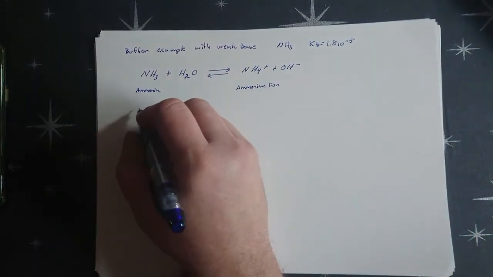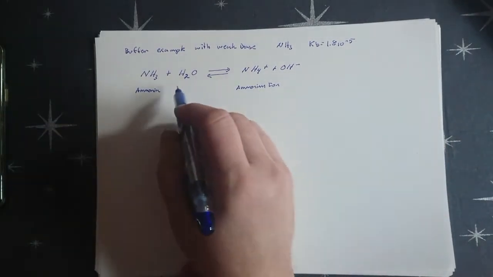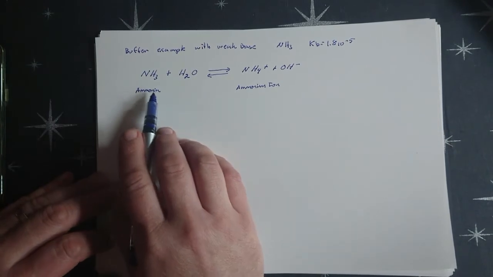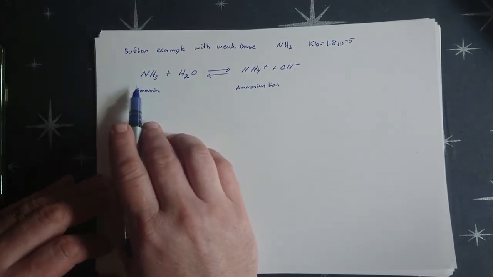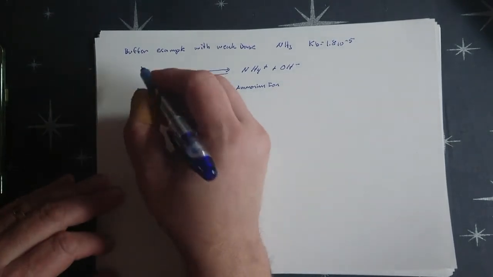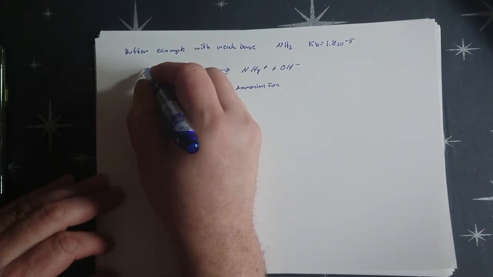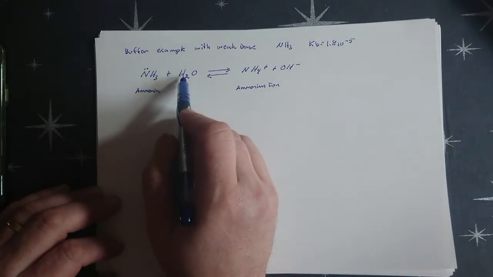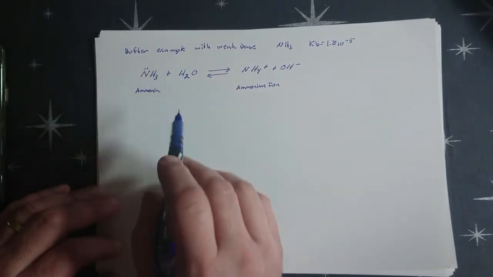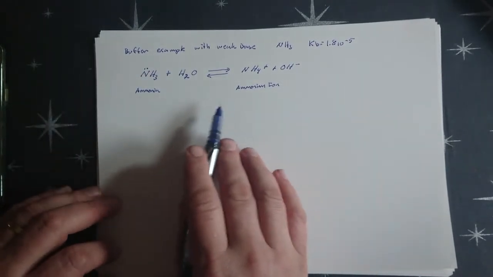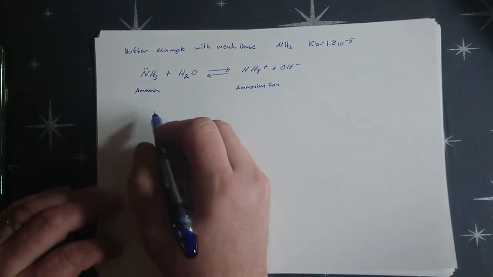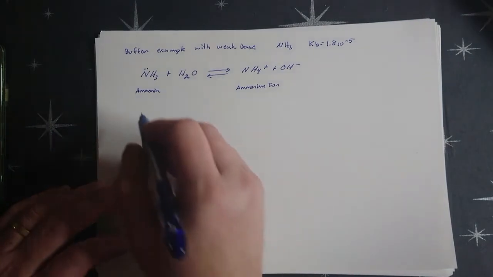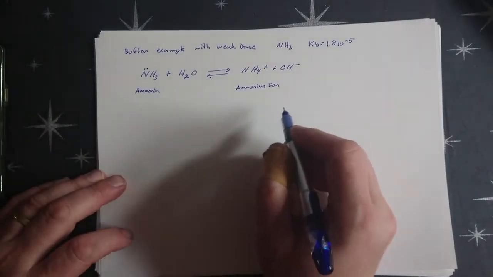Now, the general formula that we use when we look at this, we don't always write all these out. There are lots and lots of weak bases that all have this nitrogen in them, because nitrogen has, if you recall, a lone pair of electrons, and that lone pair of electrons can grab one of the hydrogens from water, and so there are lots of amines that have basic properties. Among them amino acids, so the amine in an amino acid.